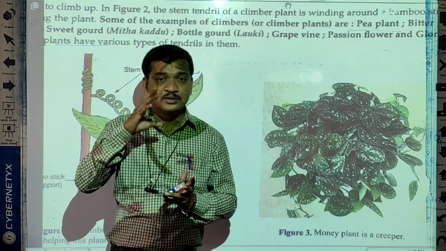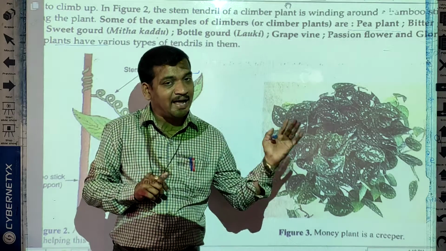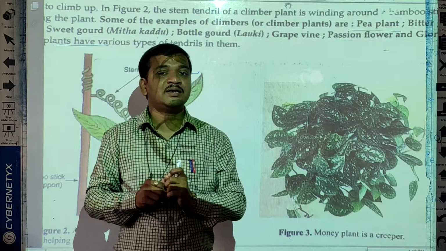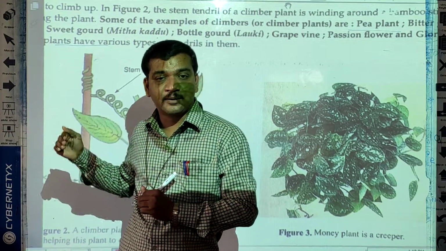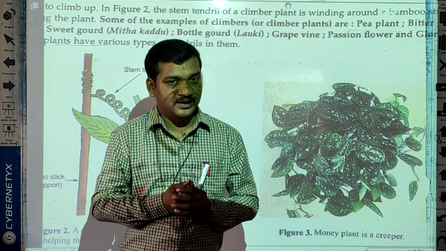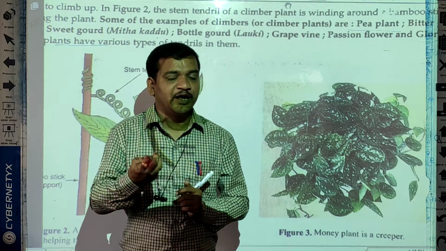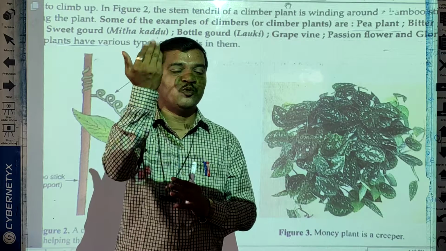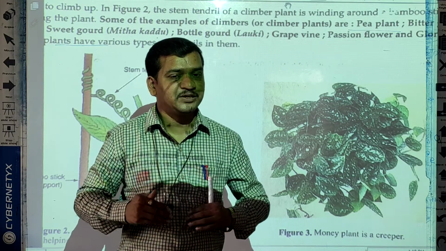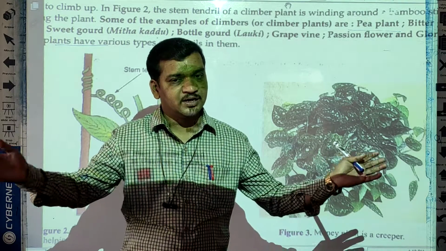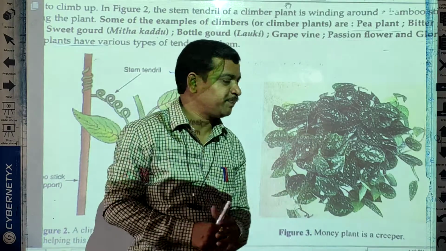Both plants have a long, thin, weak stem, but in climbers a special organ is there, that is the tendril. That tendril part is absent in creeper plants. That is why these creeper plants cannot grow upward by taking support of the neighborhood. So these plants specially grow on the ground or spread their branches on the ground.